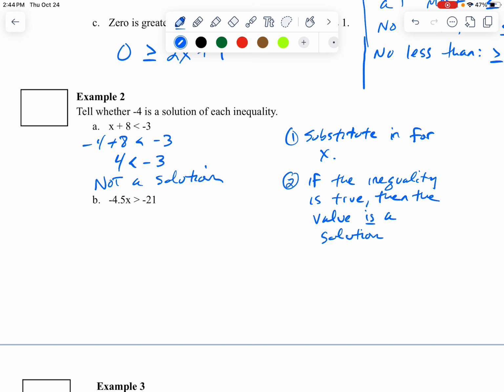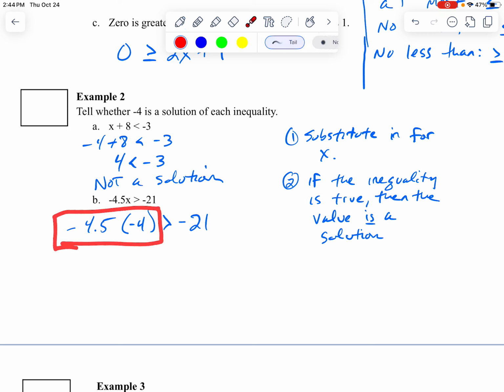Okay, let's take a look at the next one. -4.5x, remember that means -4.5 times x. So -4.5 times -4 is greater than -21. So when we do this multiplication, -4.5 times -4, we're going to end up with a positive value.